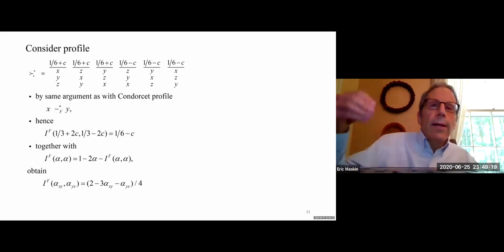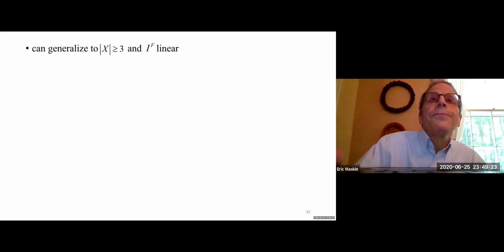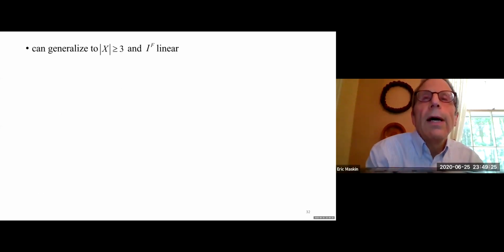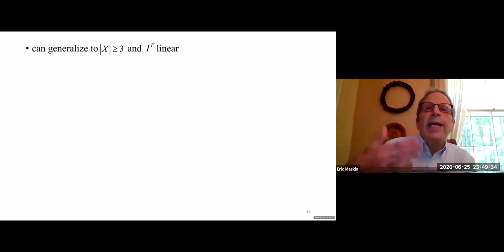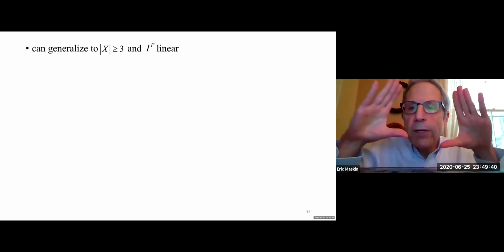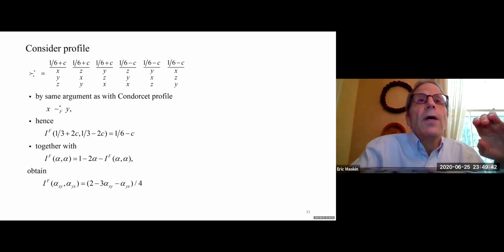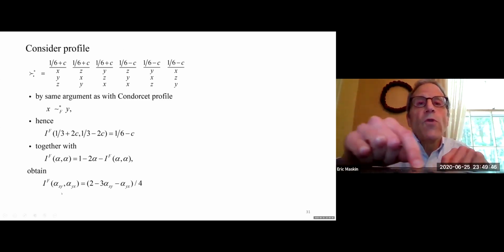Now we can extend this argument, assuming linearity, to more than three alternatives. We can proceed iteratively, using the fact that if there are just three alternatives, I must have this form.